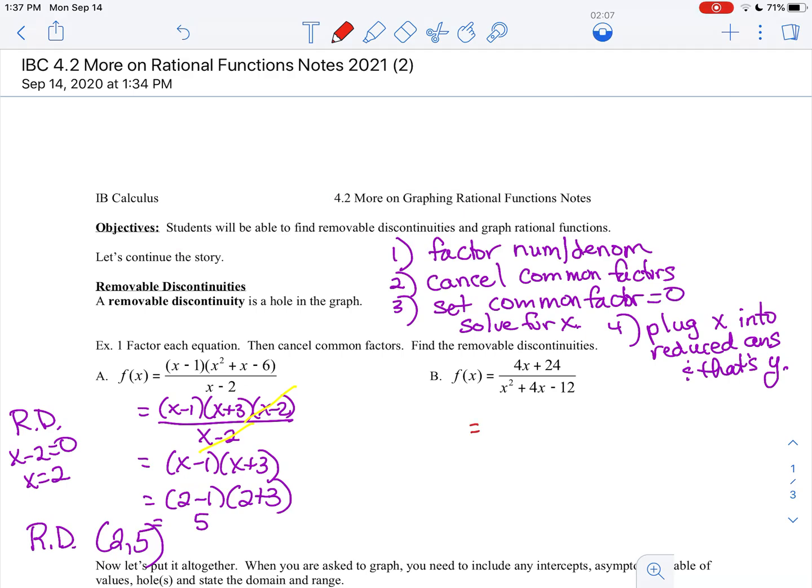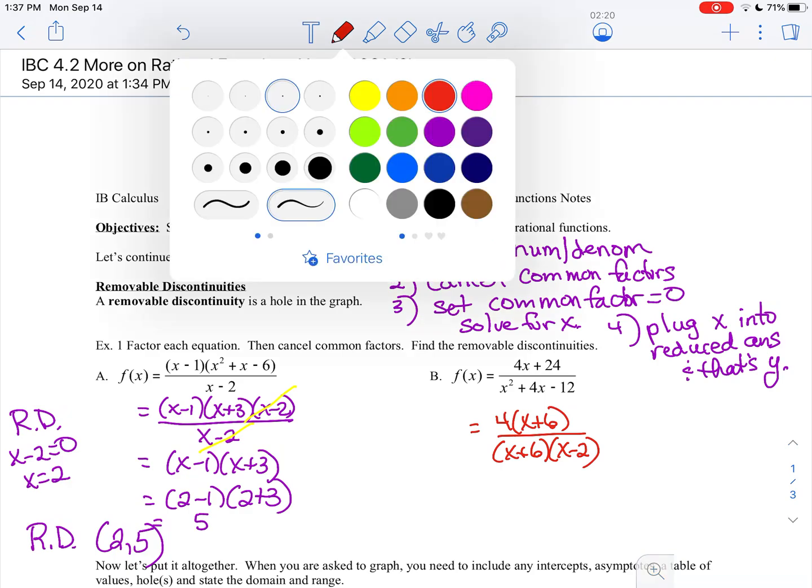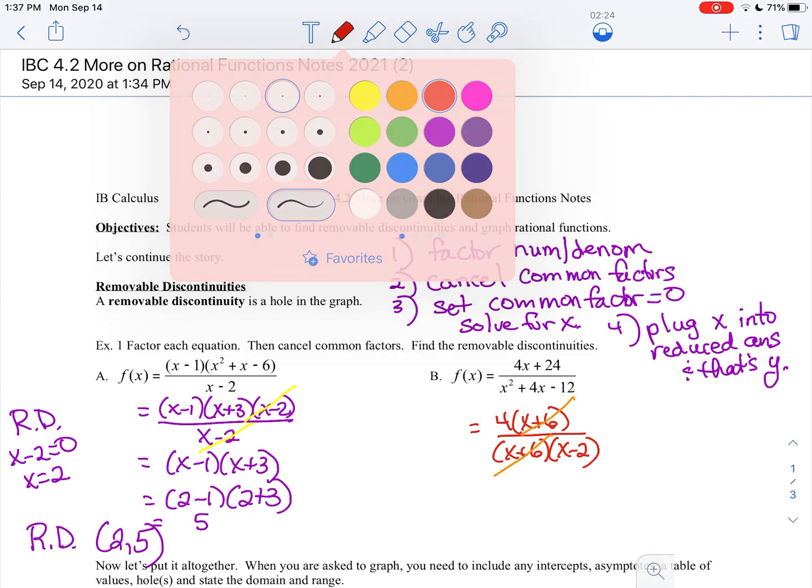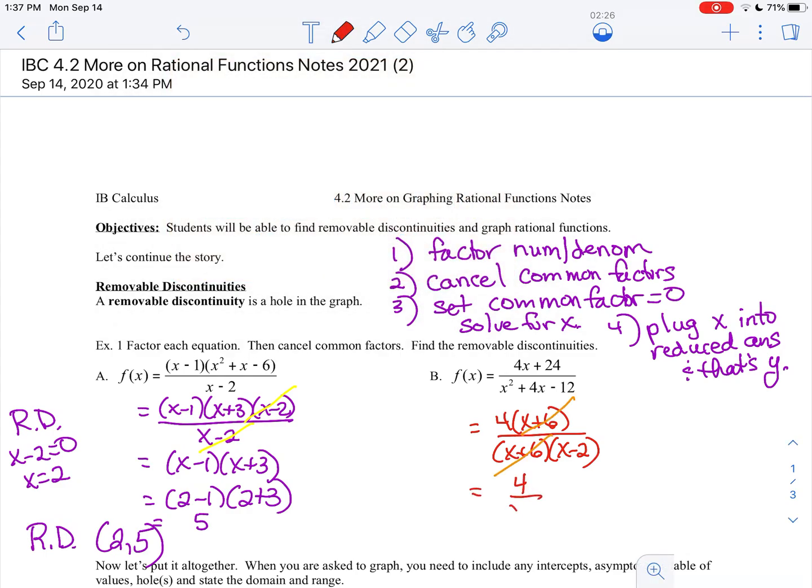All right, let's do it again in letter B. Go ahead and pause it and see if you can get it before me. So I factor the numerator and I factor the denominator. You cancel your common factor of x plus 6, and you get 4 over x minus 2.